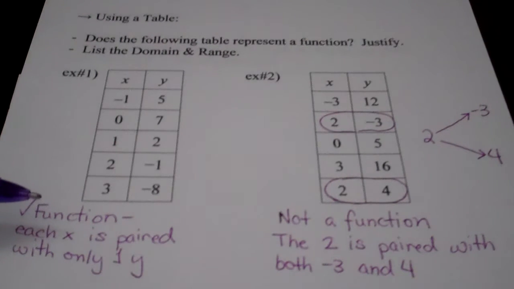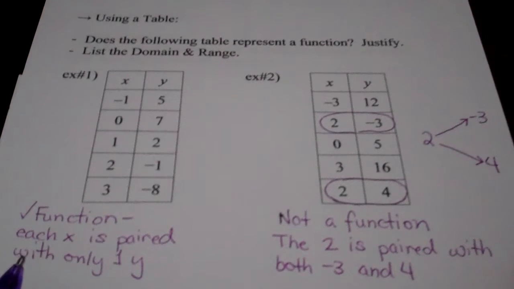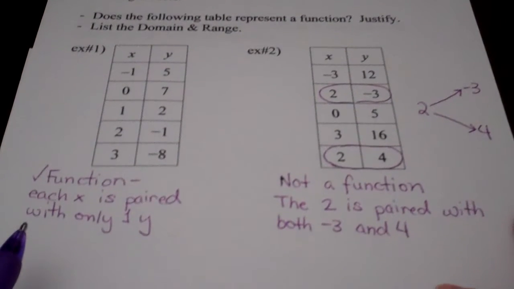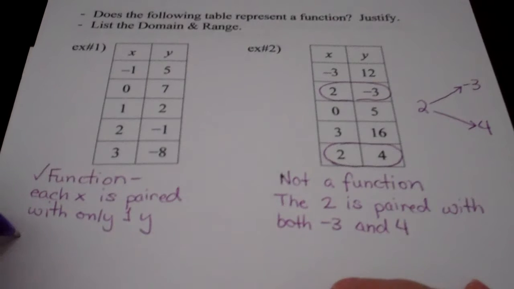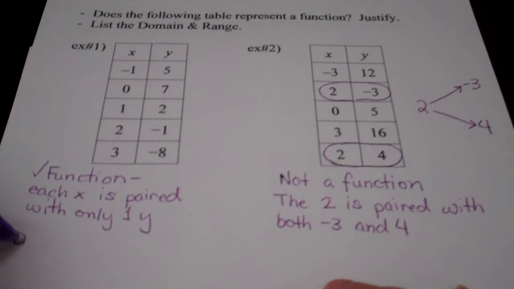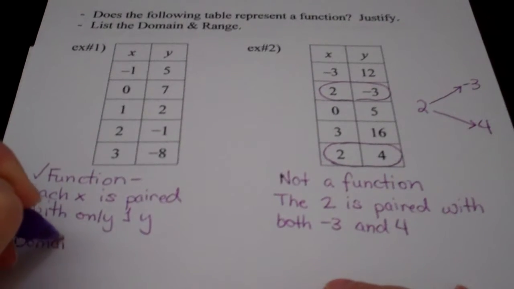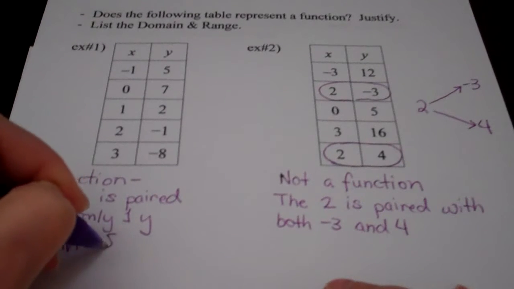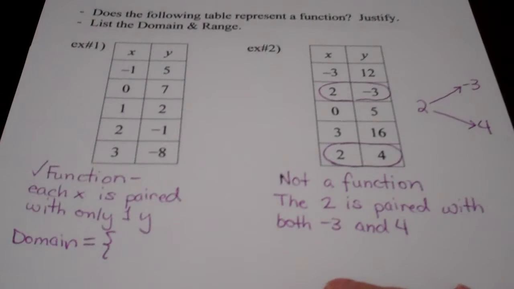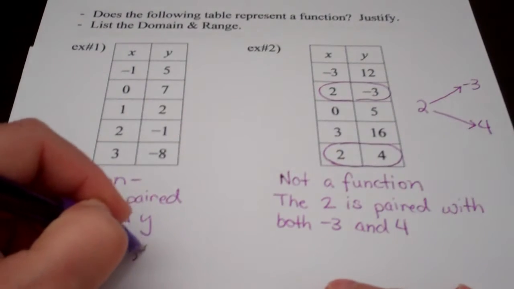So when we write the domain and range, we can, in fact, list them out, right? So let's do that here. Okay, and so if we make a list for the domain, we said the domain is the set of all the x's, we can just list all the x values.